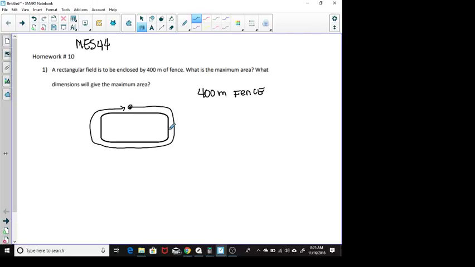You can do this question like if you were in kindergarten. Look at this. I'm going to write length here. I'm going to write width here. And I'm going to give you an example of 400 fence. This could be 100, this could be 100, this could be 100, and this could be 100.